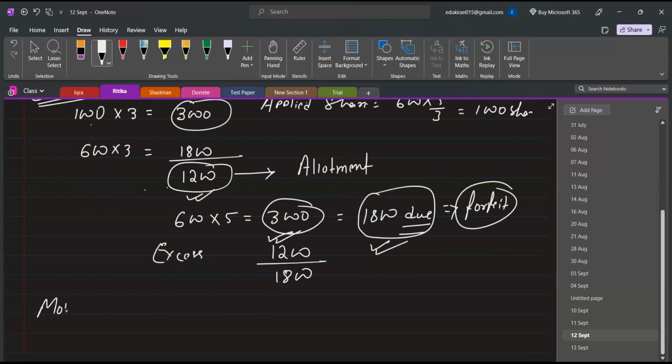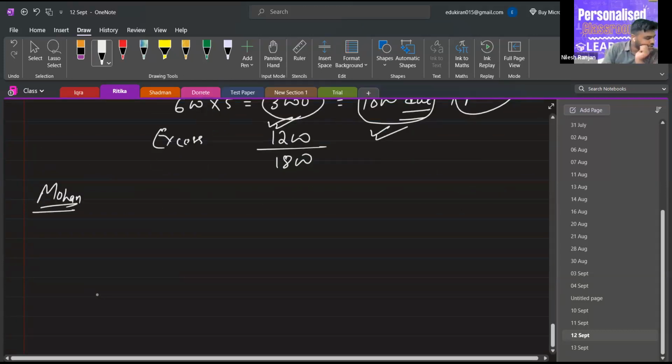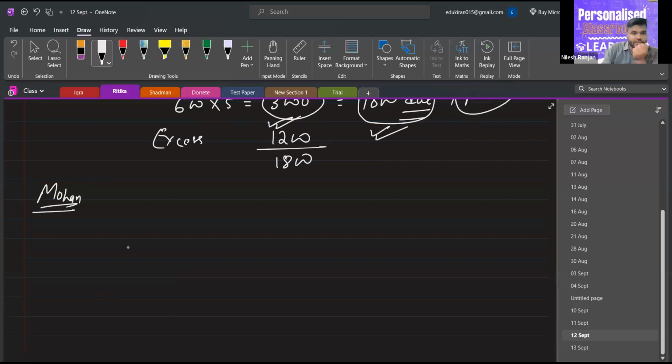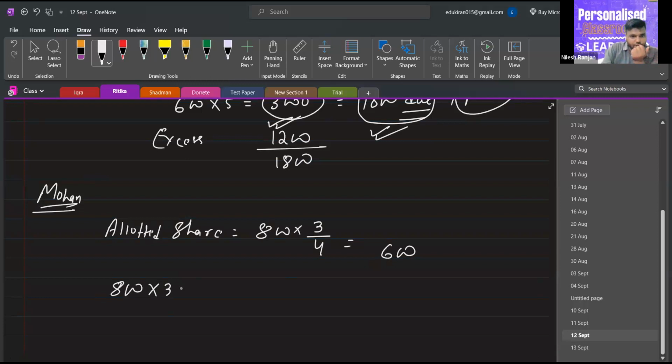Okay, sir. Mohan. Now, the Mohan allotted share is not given. Mohan applied share is given. So we have to calculate allotted share. Allotted share was 800 into I think 3 by 4. So it is 600. Now he paid 800 into 3, that is 2,400 on application.